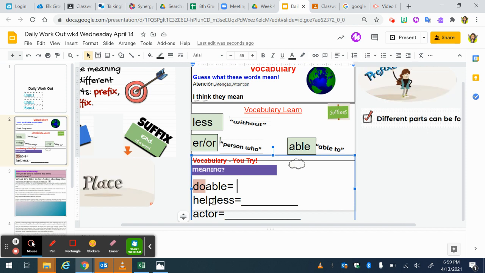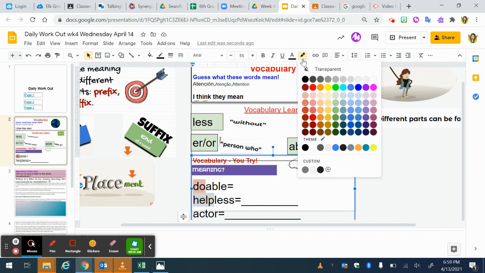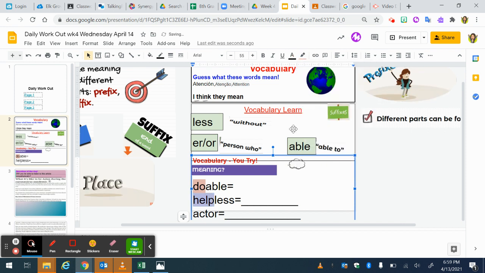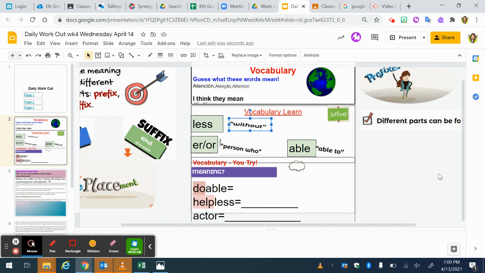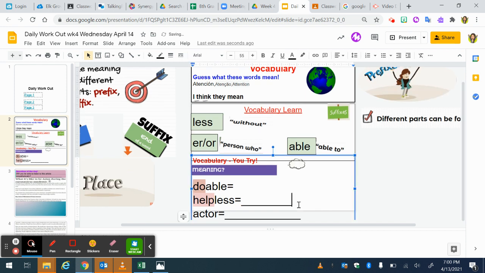Let's look at the next one. Here is the base word, help. Now we have the suffix, less. Remember, less means without. So what do we think the word helpless means? What do you think the word helpless means?